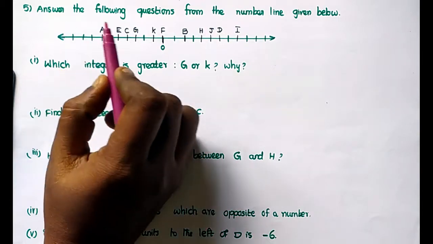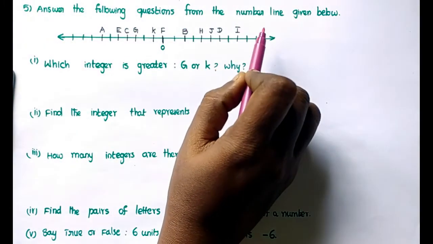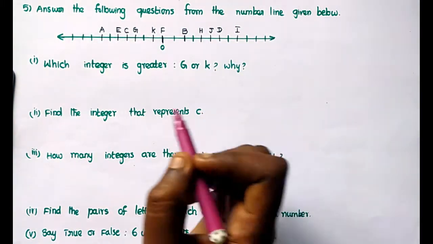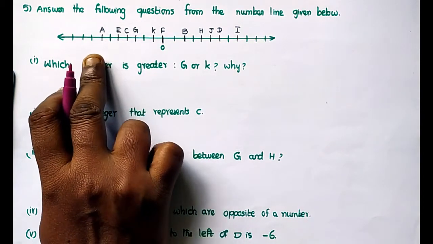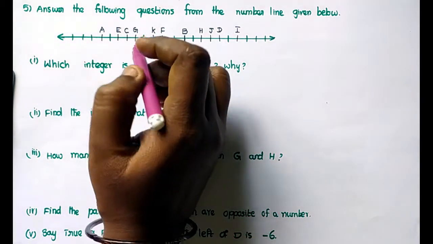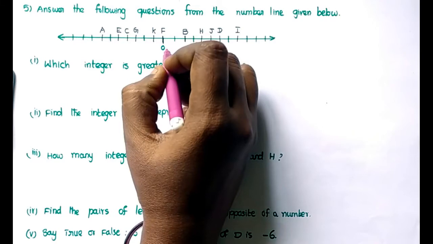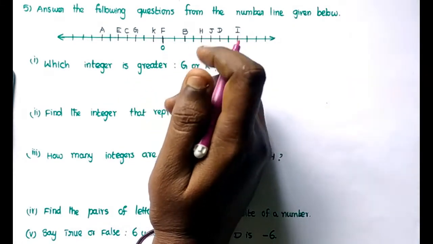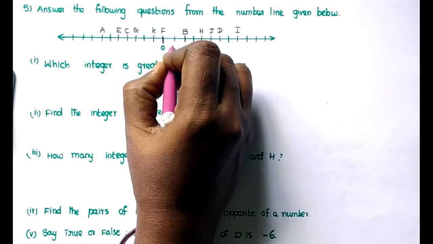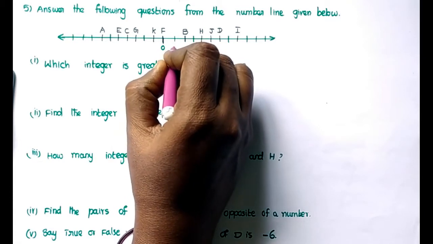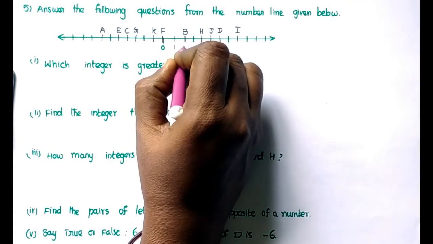Fifth sum, answer the following questions from the number line given below. Listen, here they have given the number line. So we want to find out the given questions. First, write down the numbers on the number line.